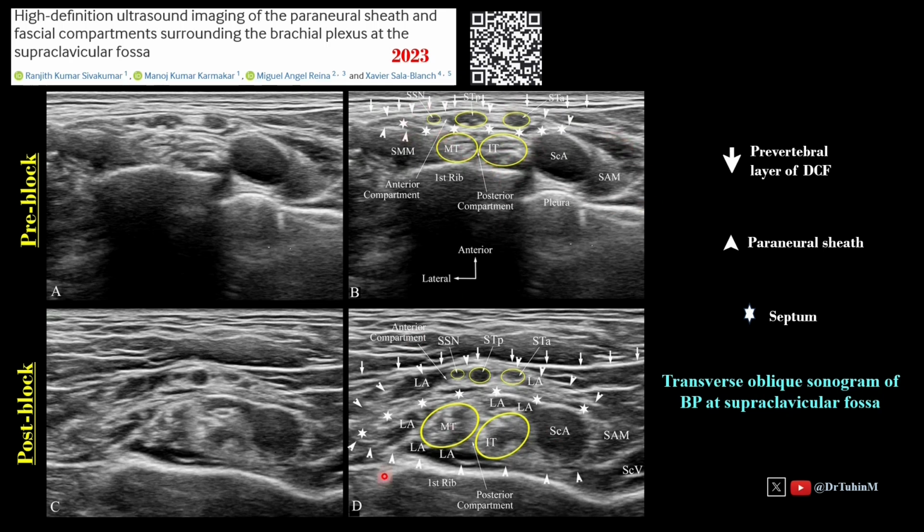An additional layer of hyperechoic connective tissue, that is the septum, is also seen, which subdivides this subparaneural compartment into an anterior superficial compartment which contains the divisions of the superior trunk, and the posterior or deeper compartment containing the middle and the inferior trunks and divisions.